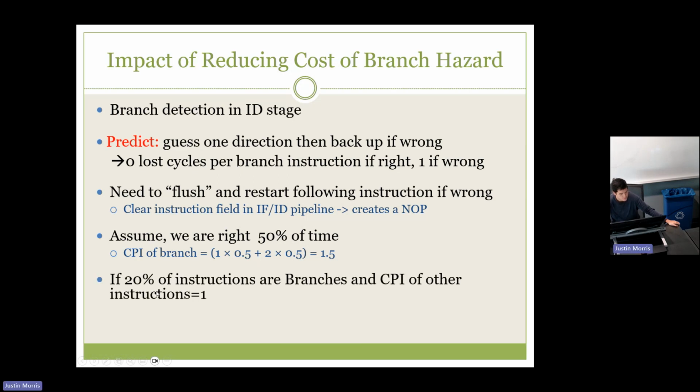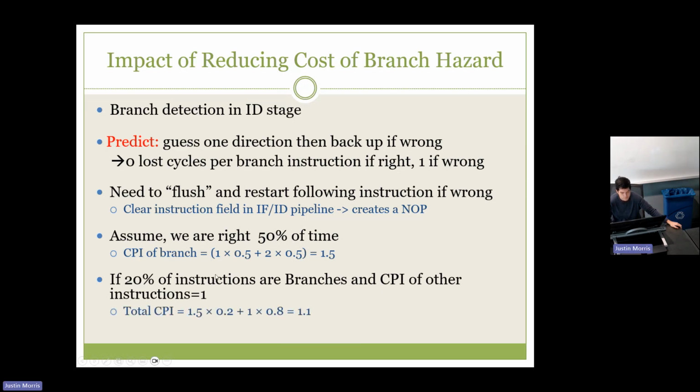So here's some more things that we can talk about in terms of the performance equation. If 20% of instructions are branches and the other CPI of instructions is 1, so we don't incur any data hazards, anything like that. We're just evaluating the performance impact of the branches.